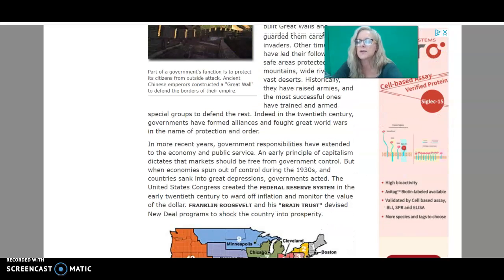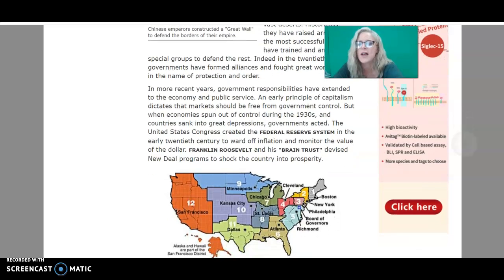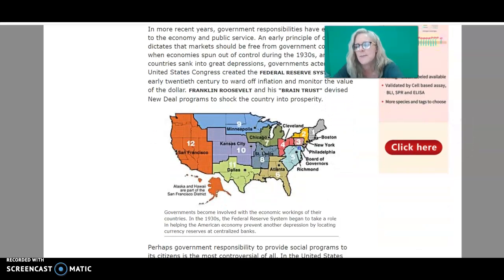So as we go through, we have Federal Reserve System, Franklin Roosevelt, Brain Trust. There's a map of the United States that says governments become involved with economic workings of their countries in the 1930s. The Federal Reserve System began to take a role in helping the American economy prevent another depression by locating currency reserves at centralized banks.